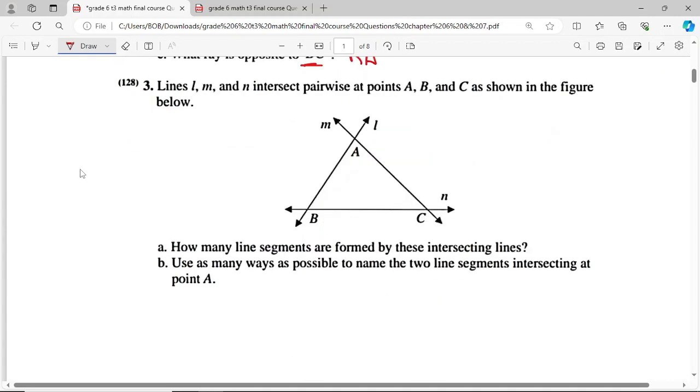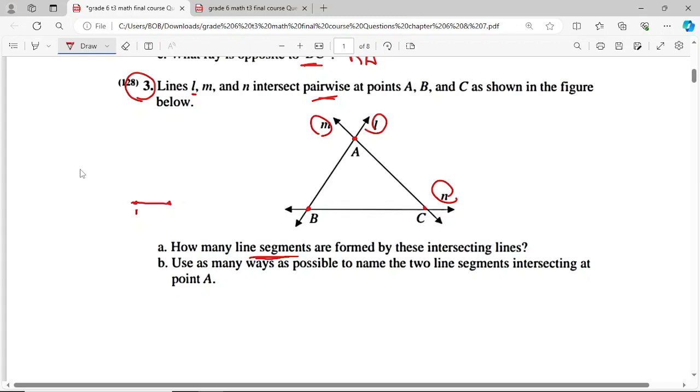Okay, question number 3. Lines L, M, and N intersect pairwise at points A, B, C, as shown in the figure below. How many line segments are formed by these intersecting lines? A line segment has 2 endpoints, and there is no arrow sign at either of these points.